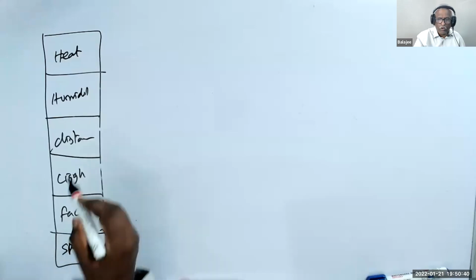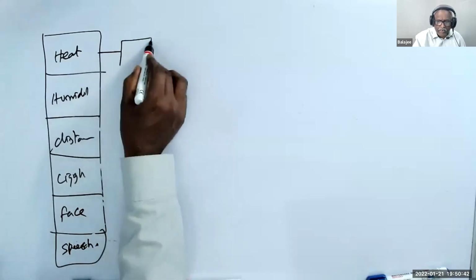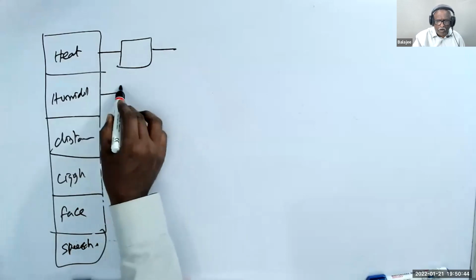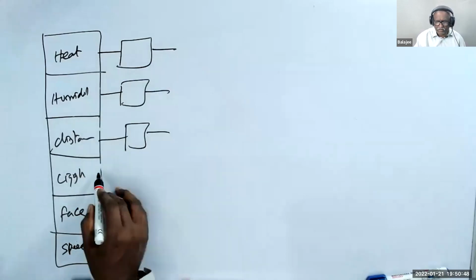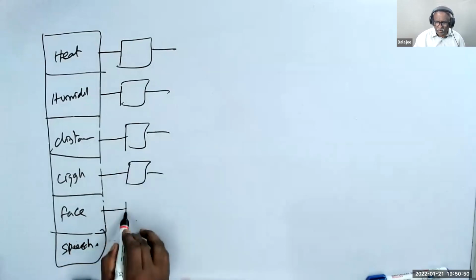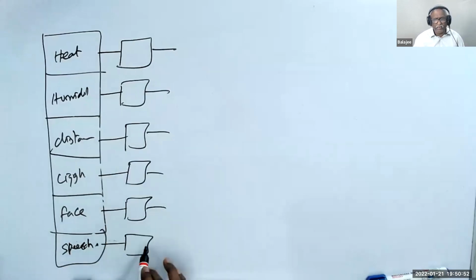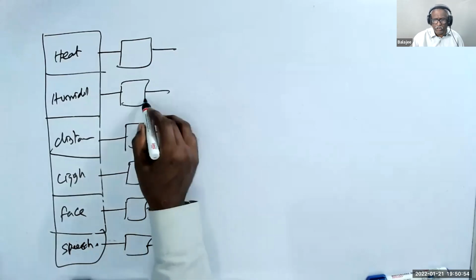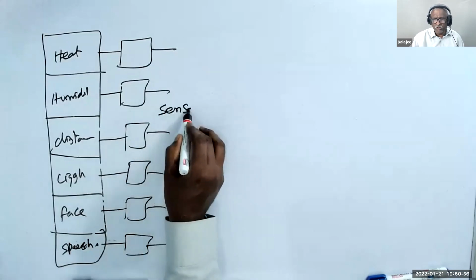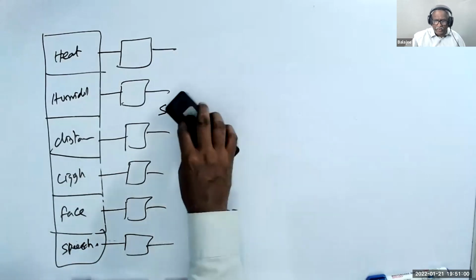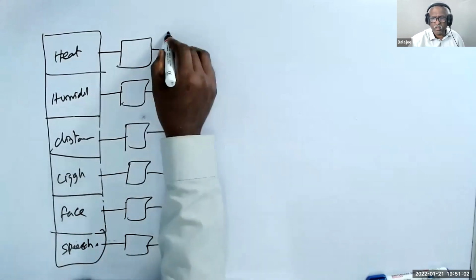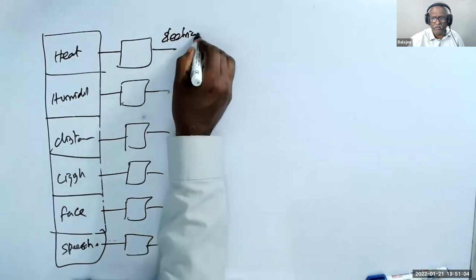Am I right? We convert them into electrical. We have a box. This is not electronics. We convert them into electrical. You may call them a sensor or transducer, whatever it is. We convert them into an electrical signal.